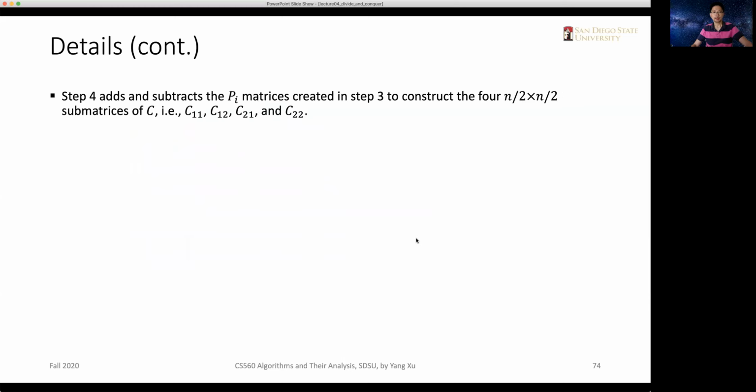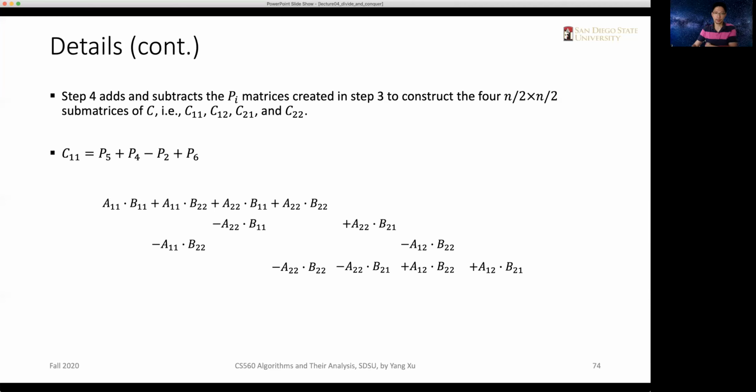So next, the final step is to use the P's to compute the target submatrices C11, C12. C11 is defined by P5 plus P4 minus P2 plus P6. And if we align these P's, we'll see that they eliminate each other.